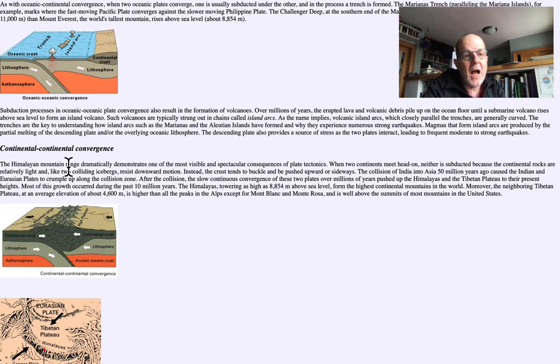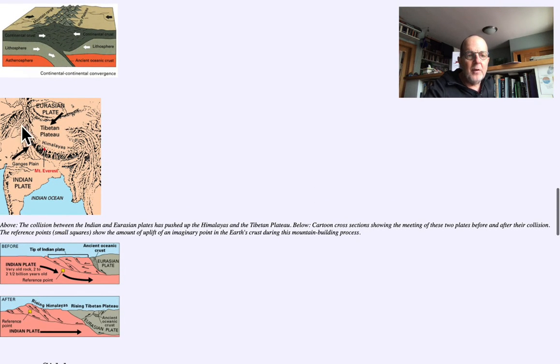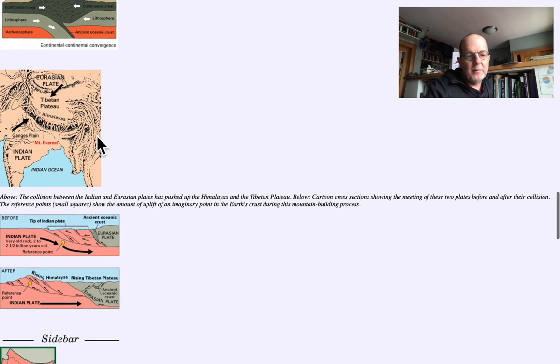Here's continental convergence, which I showed you a slide of in some other slideshow. I think metamorphic rock, this would be the zone of metamorphism, right? Regional metamorphism. And this is part of the story, or is the story, of the Himalaya Mountains, with the Indian South Asian plate colliding with the Eurasian plate, and this folded belt of now the world's tallest mountains forming.